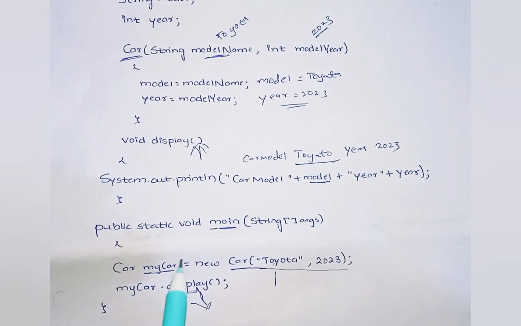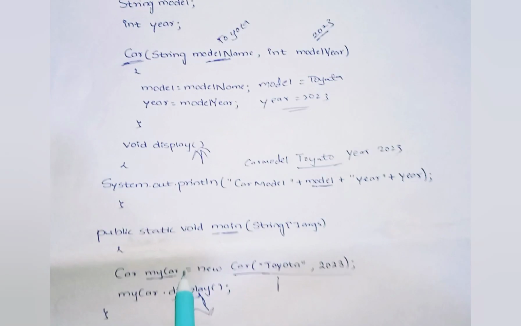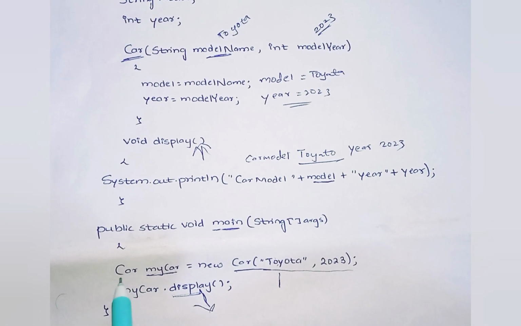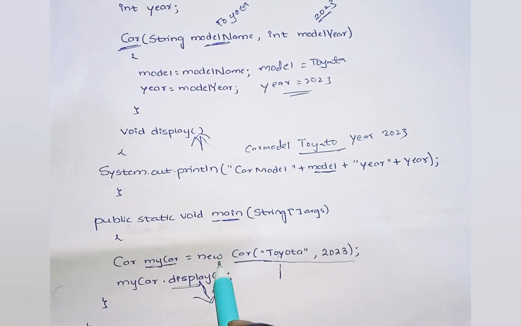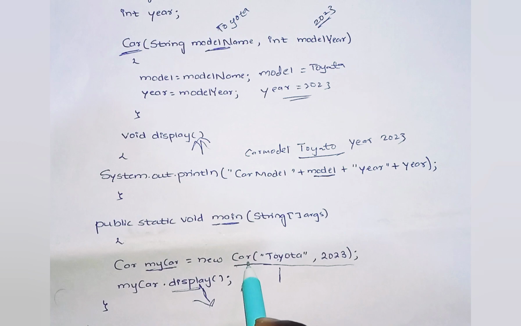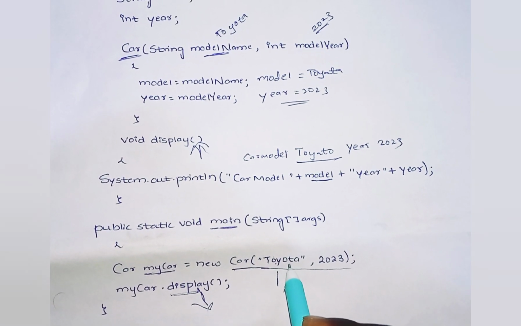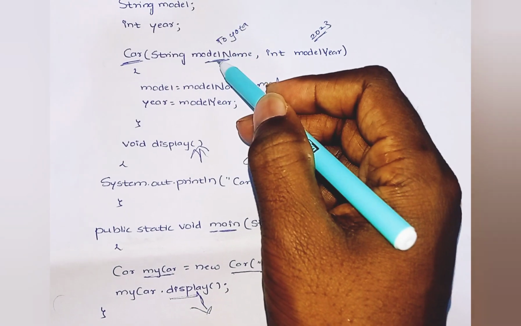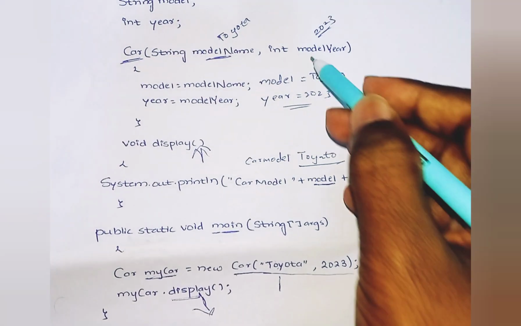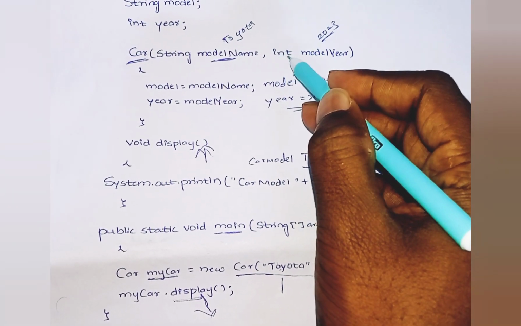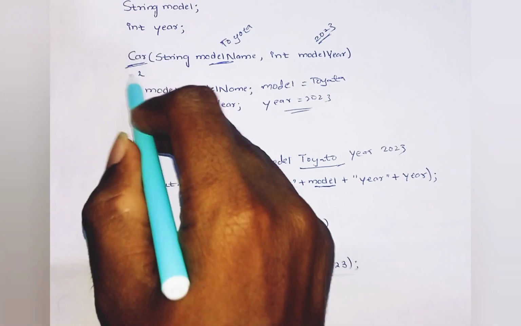So what is happening here is, inside the main method, using the new keyword, I have created the object for the class Car, and myCar is a reference variable. The moment you create an object, the Car constructor having the two arguments will be called. Toyota will be assigned to the parameter modelName, which is of type String, and 2023 will be assigned to modelYear, which is of type int. This is the constructor having two parameters, so we call it a parameterized constructor.